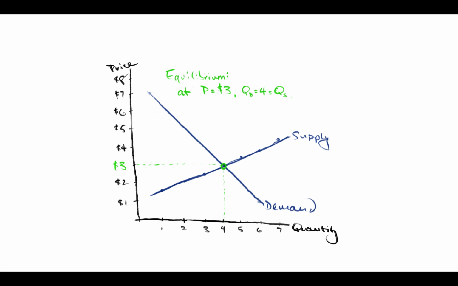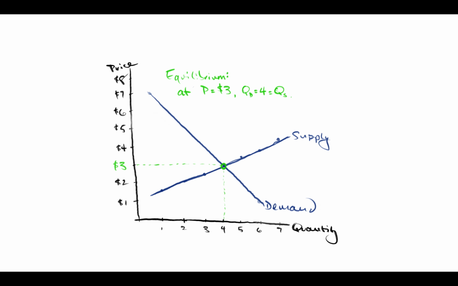There's one outcome that is an equilibrium, and the equilibrium occurs exactly where the supply curve meets the demand curve. Where those two curves intersect is the equilibrium. This green dot right there tells us that the equilibrium price is $3 and the equilibrium quantity is 4.